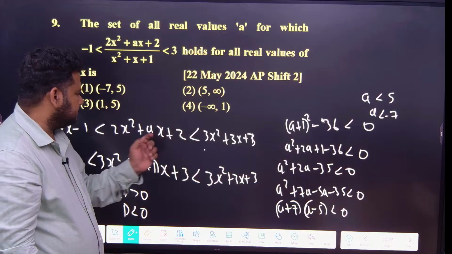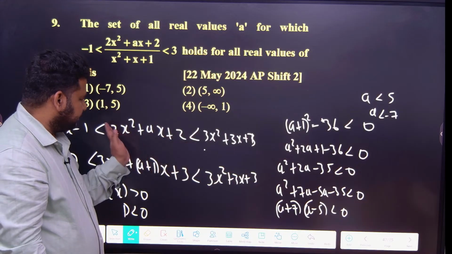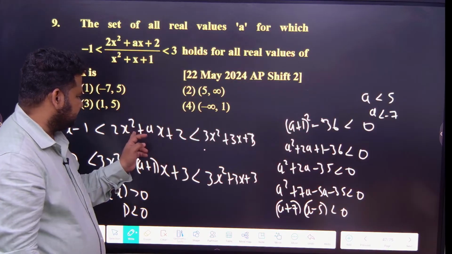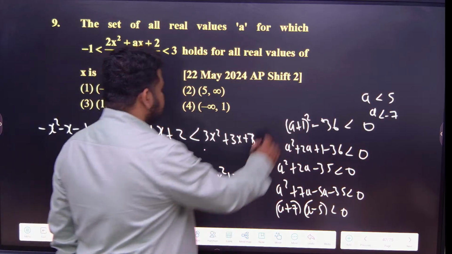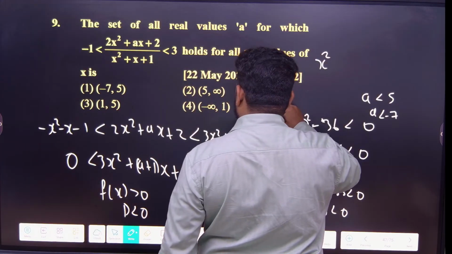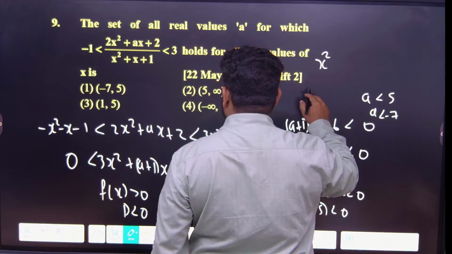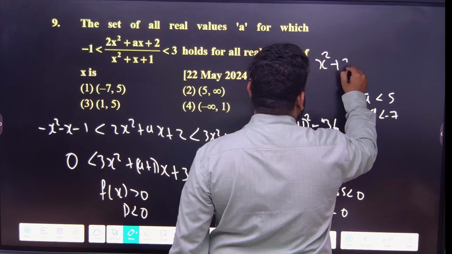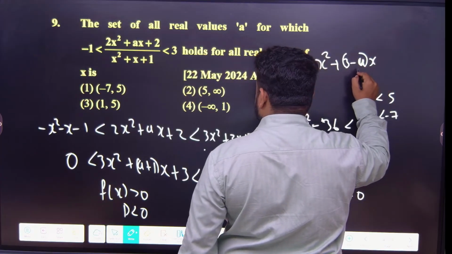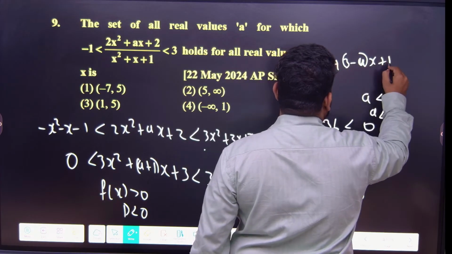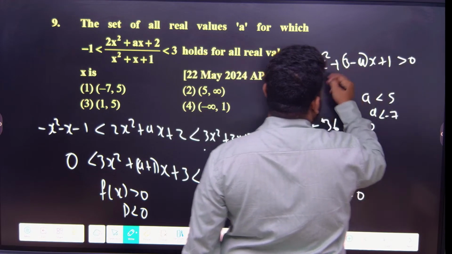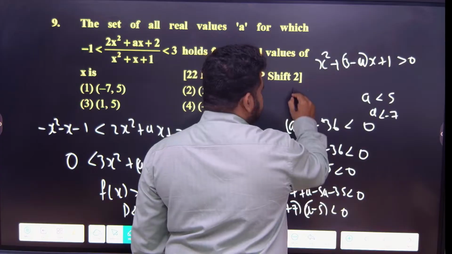If you take this to the other side, 3x square minus x square, that is 2x square, plus 3 minus a times x plus 1 is greater than 0. Here the discriminant will again be less than 0.